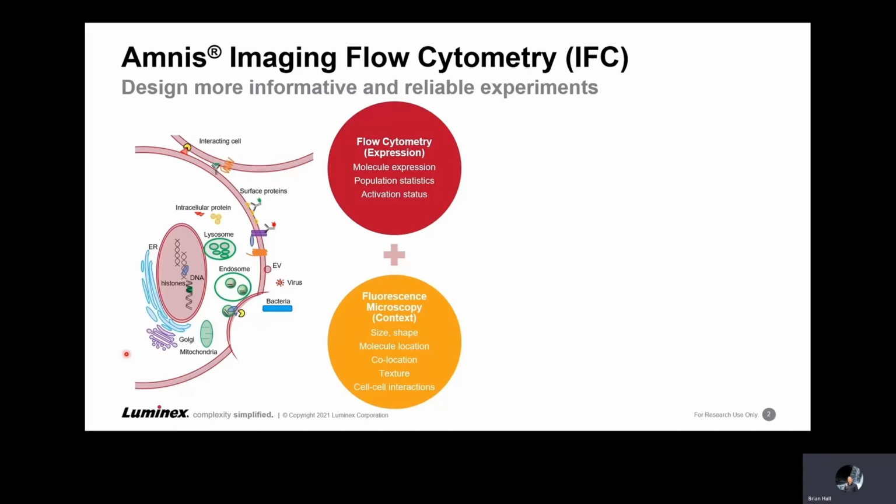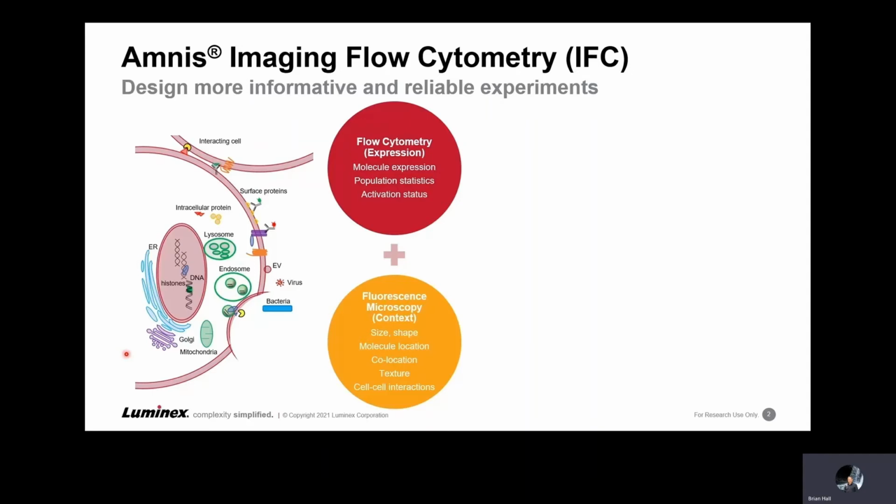Flow cytometry is a great tool because it collects large numbers of events. It allows you to look at surface expression and in some cases phosphorylation state of different proteins. And critically, flow cytometry allows you to physically sort cells and do downstream analysis on purified populations of cells.